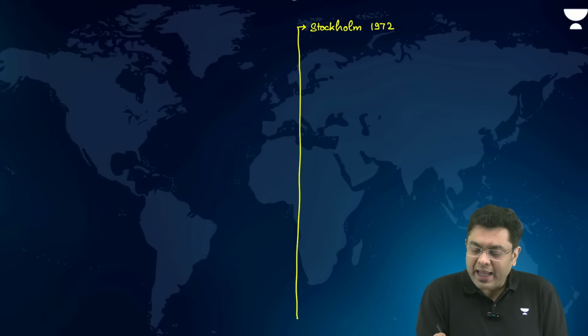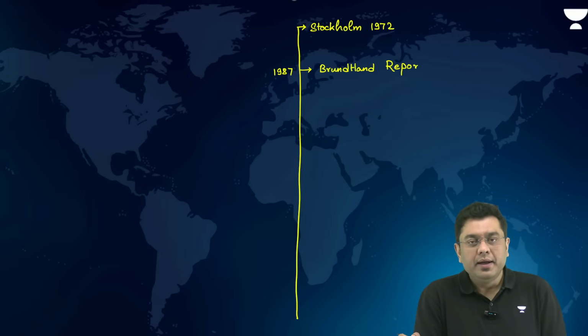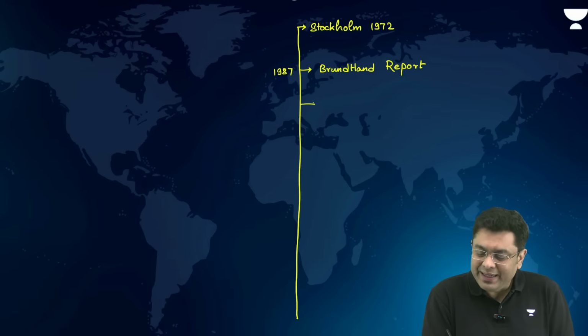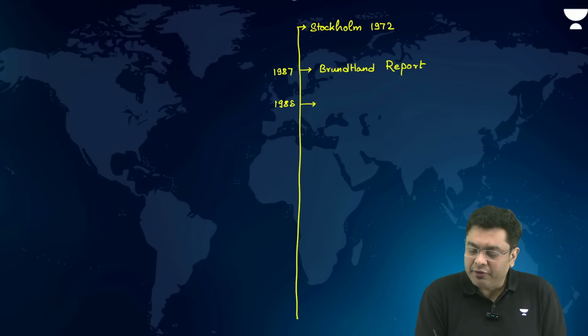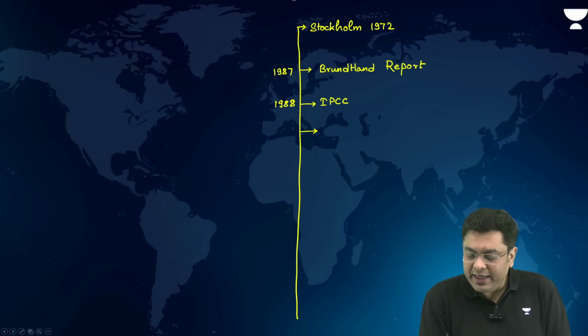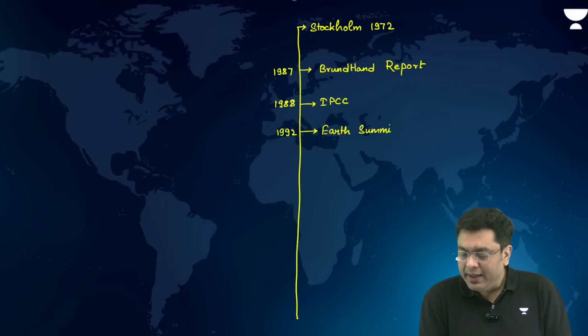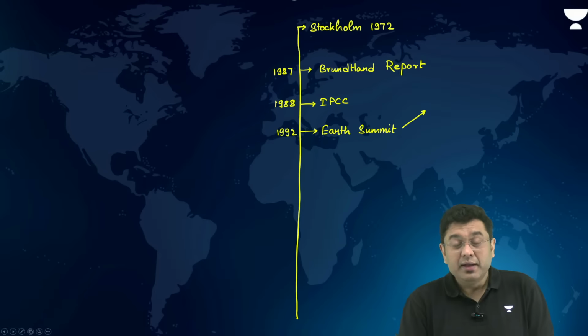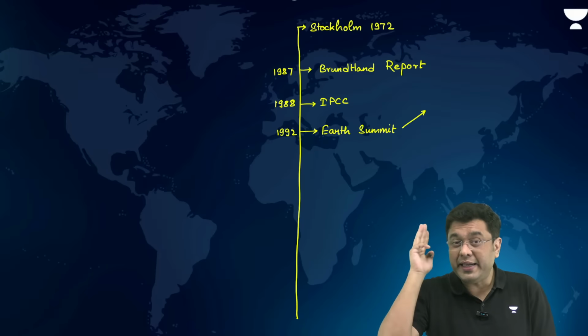Now then, 1987, you have the Brundtland Report on Sustainable Development. Then after that, 1988, you have the formation of IPCC. Then after that, 1992, you have the Rio Summit or the Earth Summit. That is where you basically arrive at the 3 documents, that is the Rio Declaration, Forest Principle and Agenda 21.